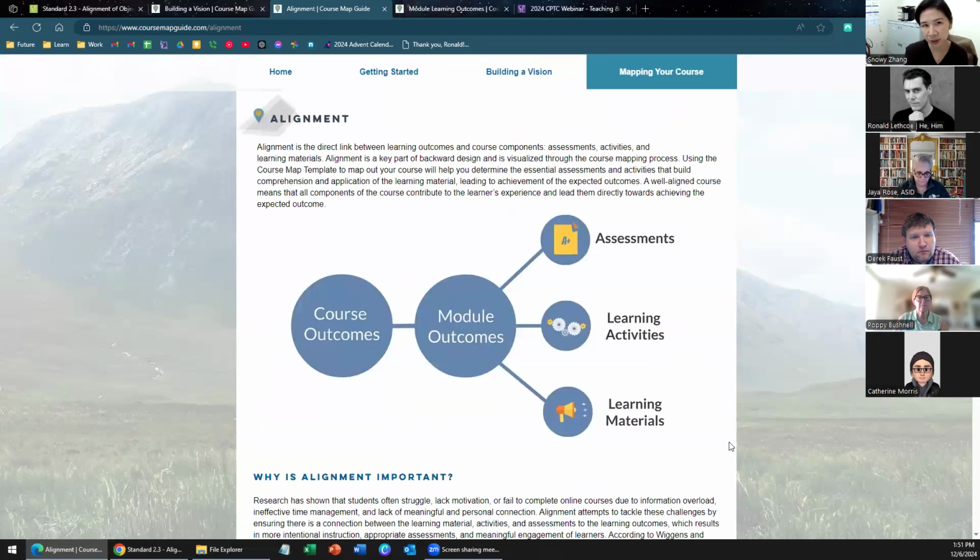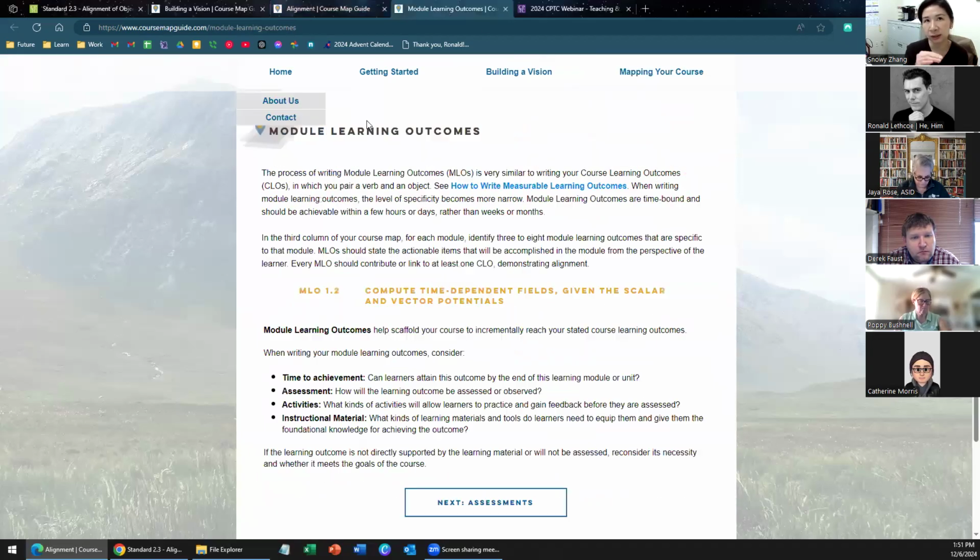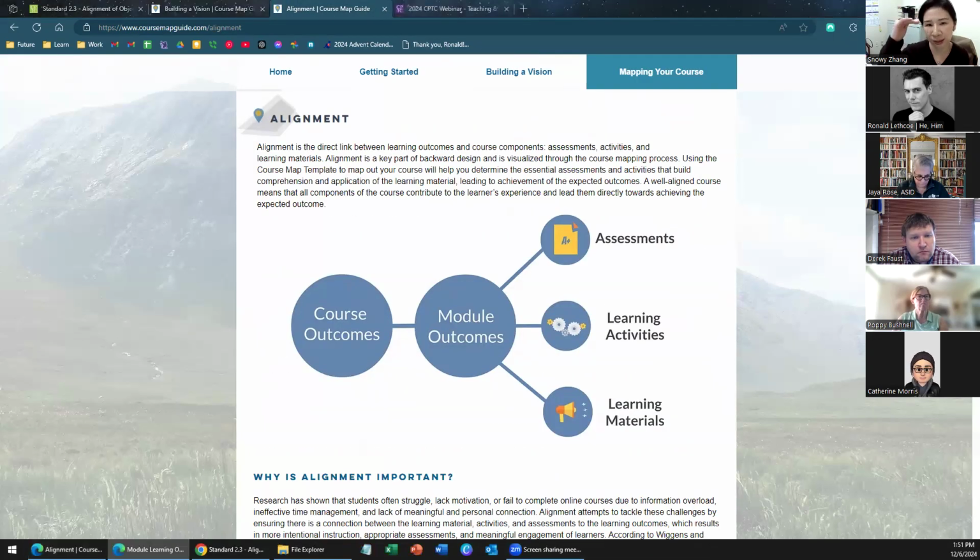Another is the cognitive perspective. According to Bloom's taxonomy, we have outcomes from the lower level to the higher level of learning. Due to our college requirements, we only allow faculty to use one action verb in one course learning outcome. But for most cases, we just use the higher level action verb to describe that course learning outcome.